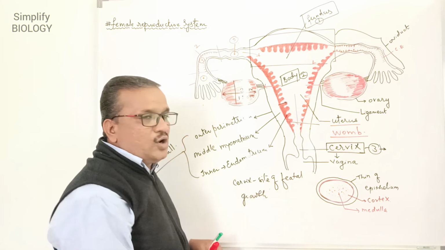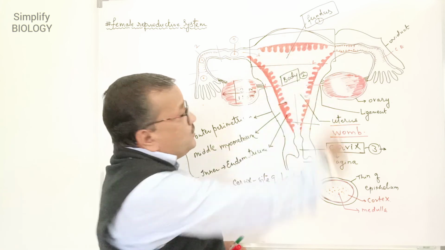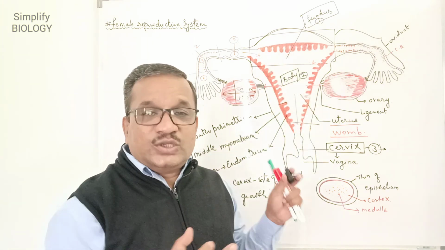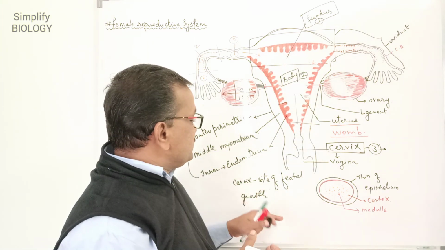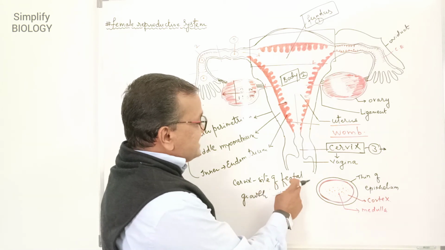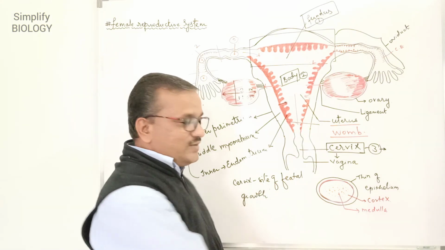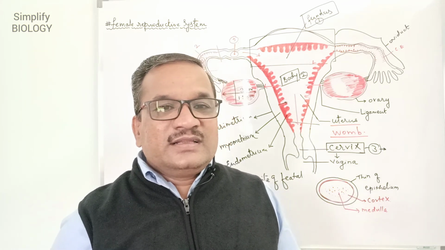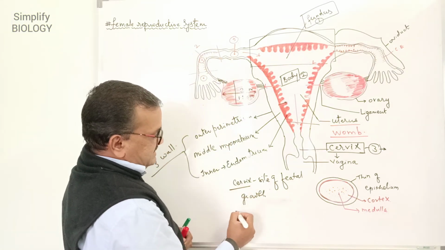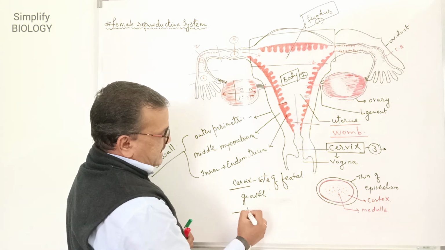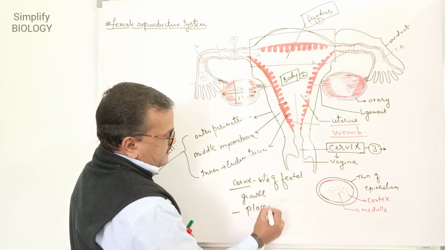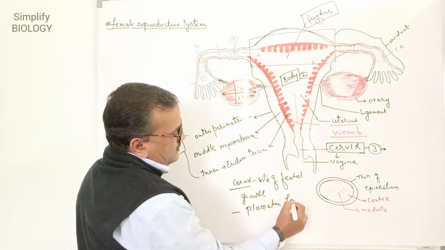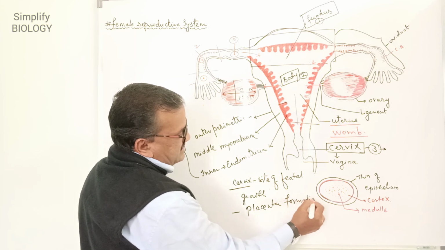If fertilization occurs, the embryo will develop inside the uterus, and fetal growth will occur. The cervix also plays a role in placenta formation.